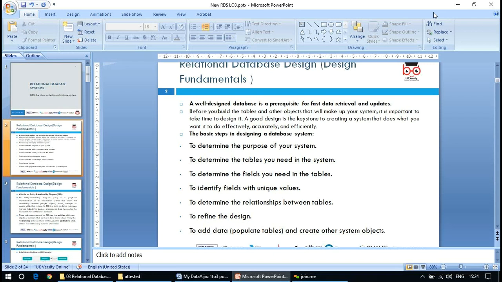And obviously more options, like Rishwan said, is possible, but more options would not be an appropriate answer to the design. Design is that, before you build the tables and other objects that will make your system, it is important to take time to design it. A good design is a keystone to creating a system that does what you want effectively, accurately, and efficiently.